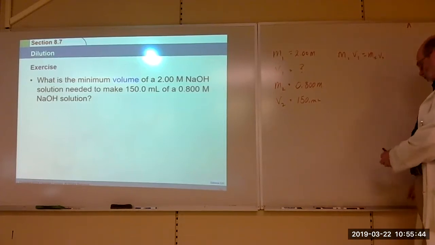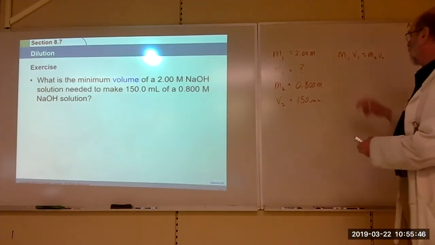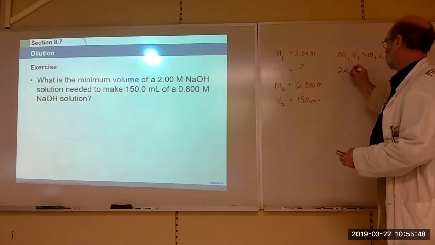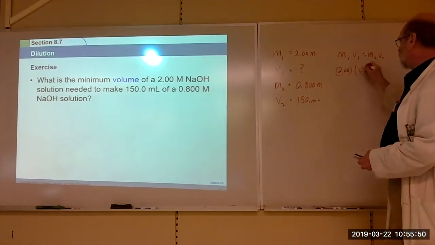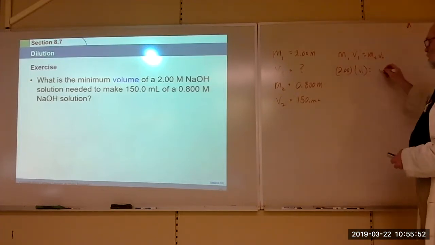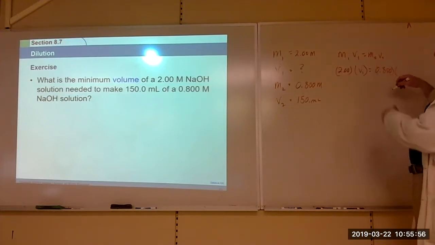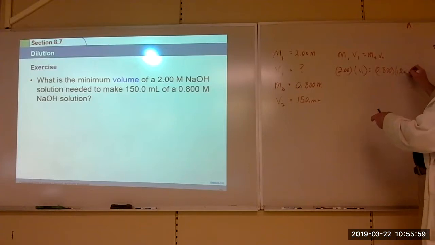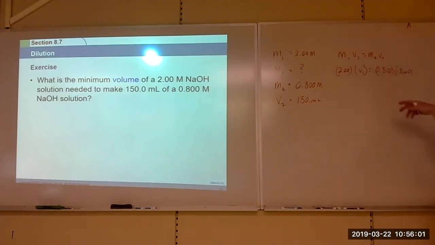So we put in our values. M1 is 2. Volume is unknown. M2 is 0.8. And 150 milliliters. The beauty of that is, when you get your answer for volume, it's going to be in milliliters already.